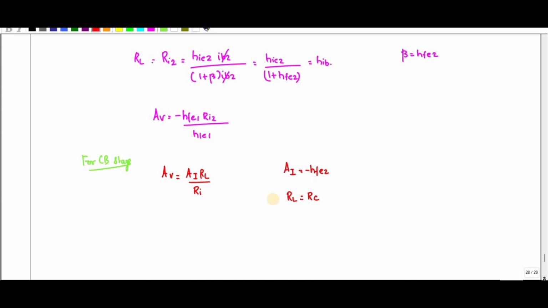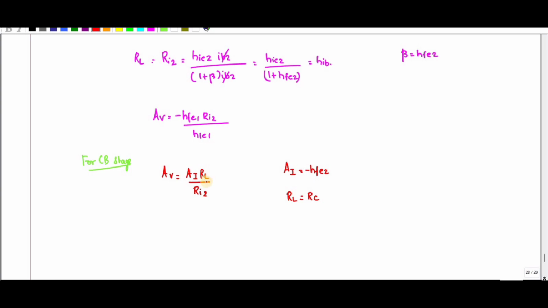Next, I need to find the value of RI2, right? So RI2 I have already found out, right? RI2 value I have already found out, and RL value is RC.